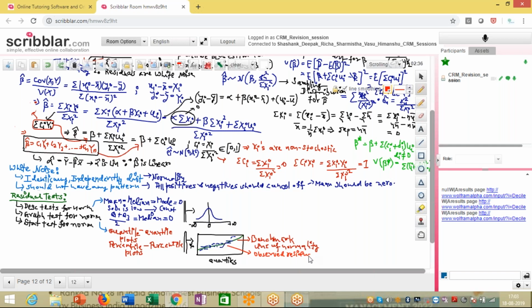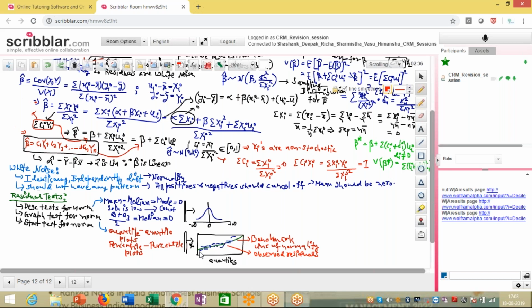Now, if these lie very close to the green line, then you will know that it is normally distributed. Then you can say that yes, these error terms are independently and identically distributed with mean 0.